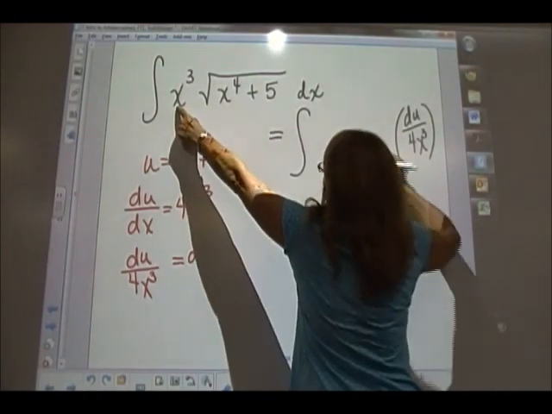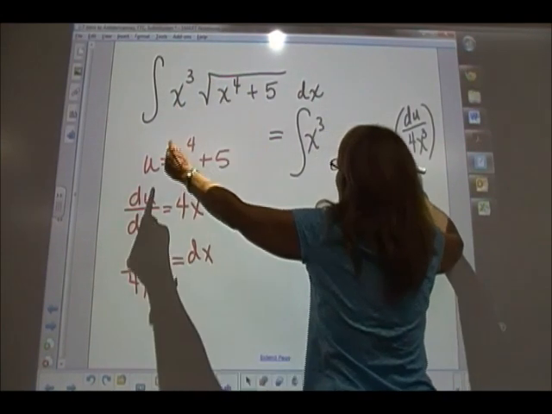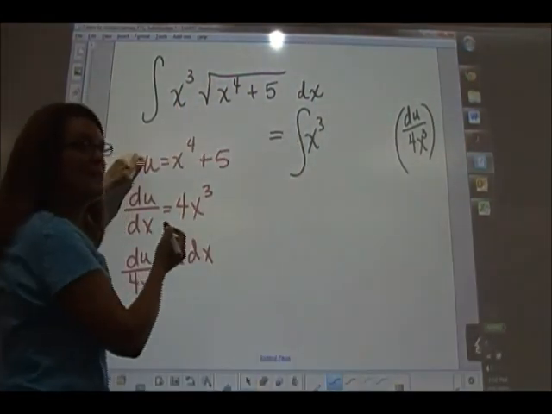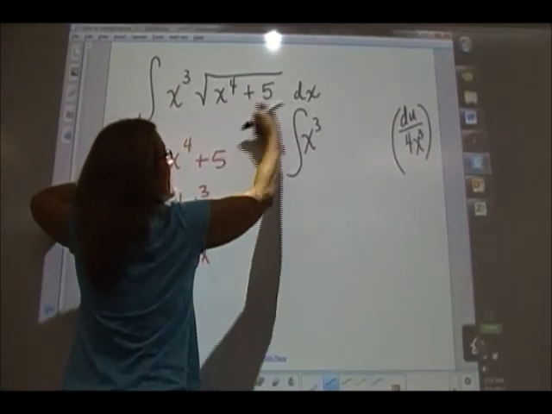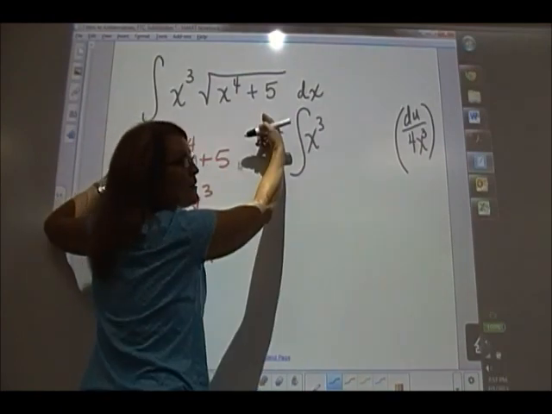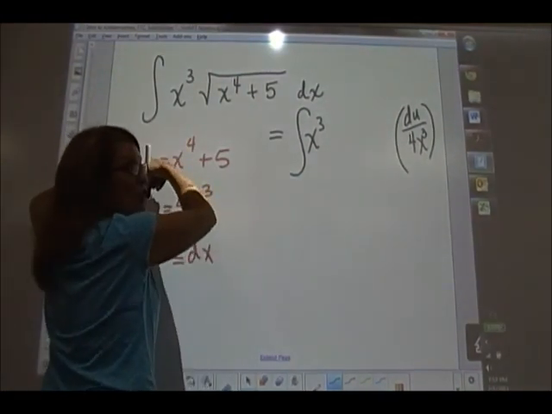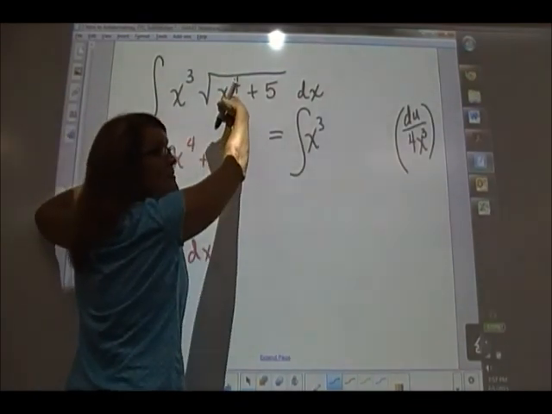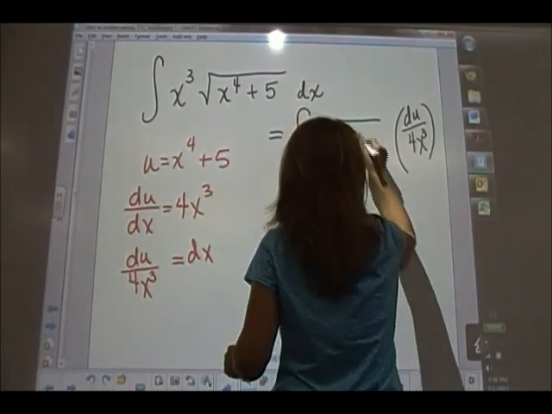Now I've got an x cubed, and then I've got a square root of what I called u. That's another substitution. I let everything, using Sarah's idea, I let everything underneath the radical be my u. So I'm literally going to substitute u in the place of x to the 4th plus 5.